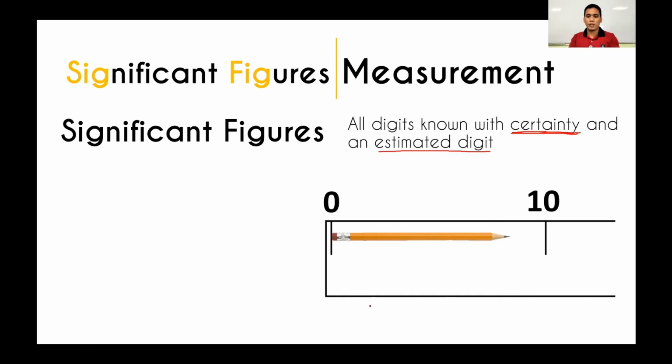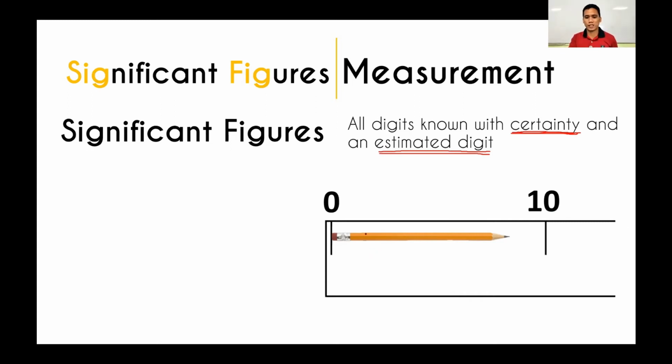So in tens value, you are sure, but the ones value is the estimated digit because you are uncertain of the specific measurement.